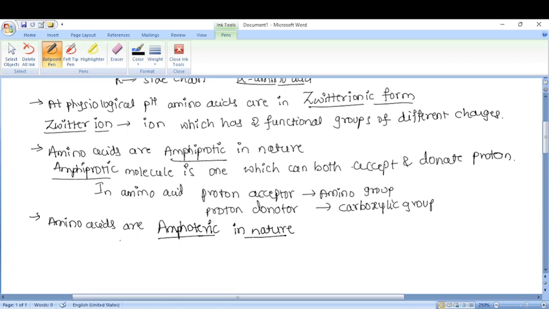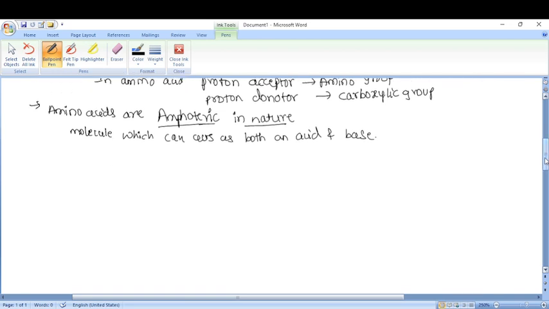Now amphoteric means a molecule which can act as both an acid and a base. That molecule is called an amphoteric molecule. Is it clear? Amino acids act as both acids and bases, hence they are called amphoteric in nature.